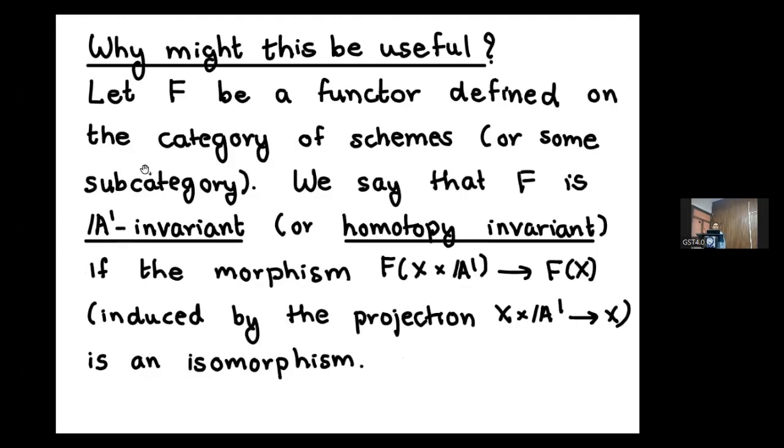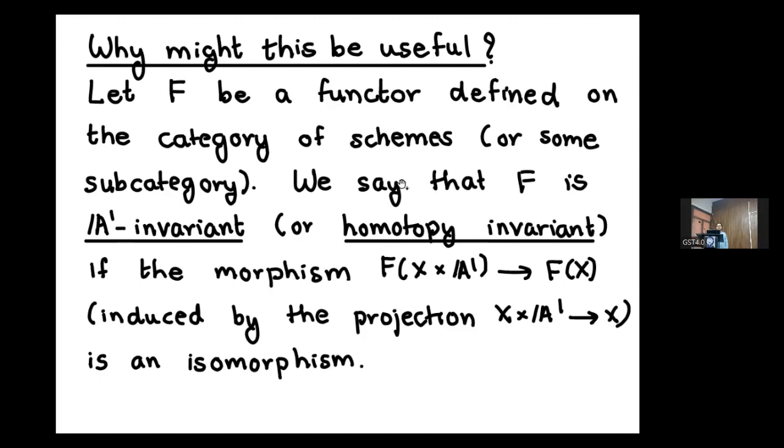So why might we want to do this? The reason is that many of the functors that one studies in algebraic geometry are what one might call A1 invariant. We say that a functor is A1 invariant, or homotopy invariant, if, for any variety X, you have the projection map from X cross A1 to X. This is just the projection onto the first factor.